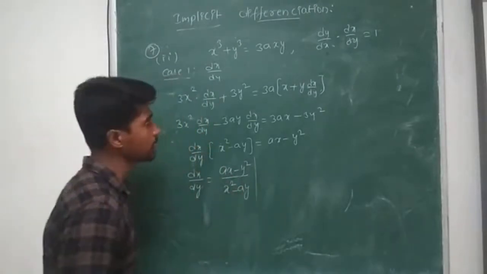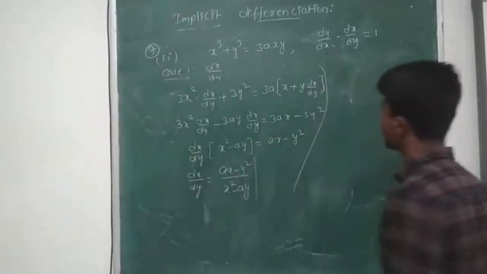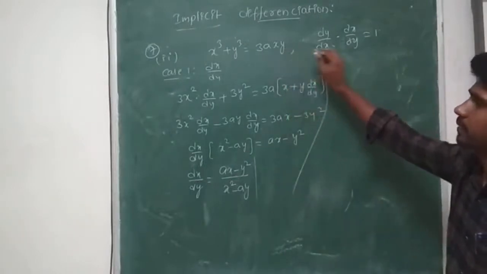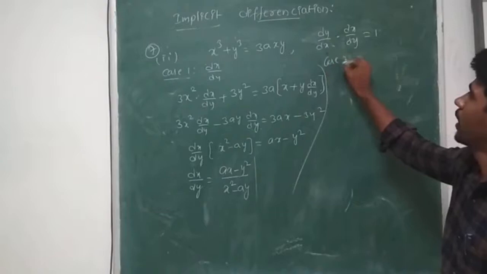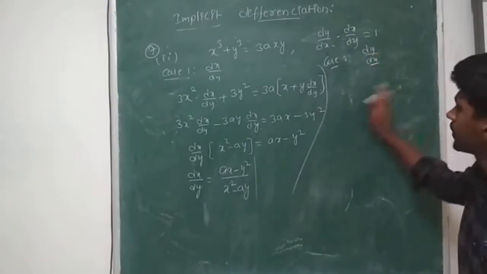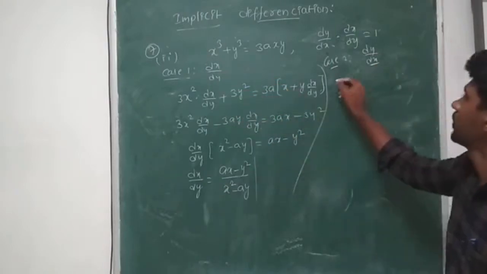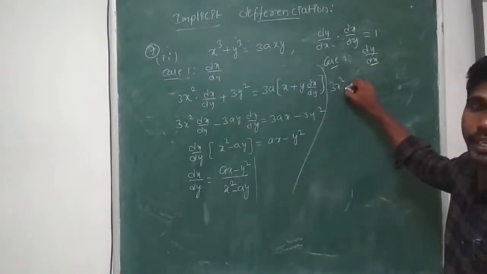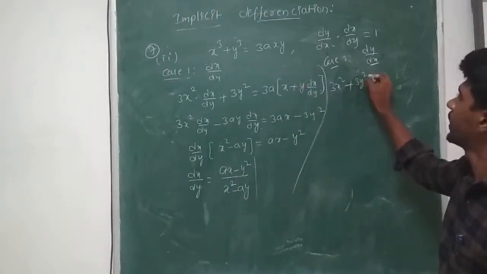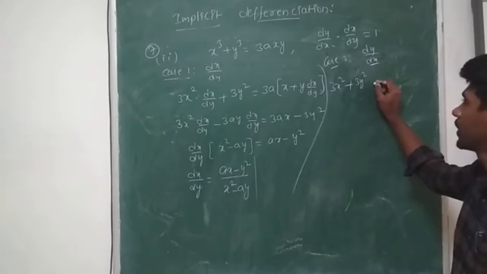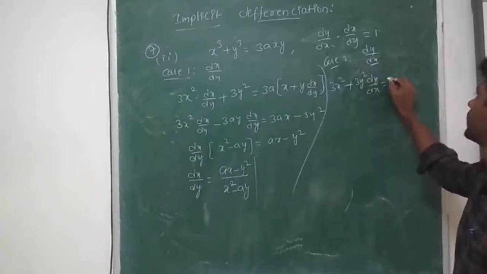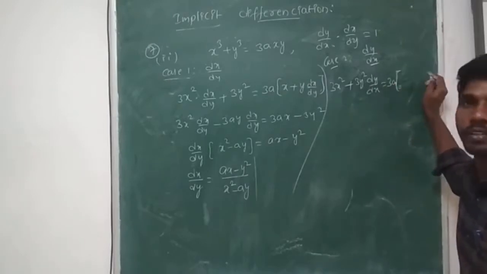So I got this particular thing. Later I do differentiation with respect to x, so I am finding dy by dx. Differentiation of x cube, we get 3x square into dx by dx, which is 1, plus differentiation of y cube, we get 3y square, but we are doing y with respect to x, we get dy by dx, which is equal to 3a constant.